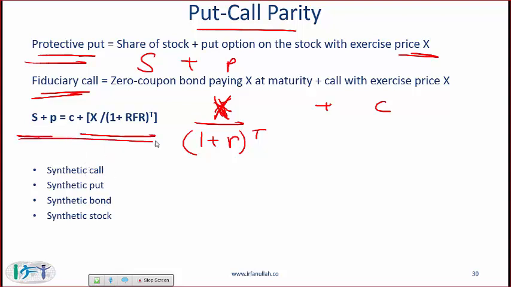If you look at this relationship, you can then create a synthetic call by saying that a synthetic call is equal to S plus P minus X over 1 plus R to the power of T. A positive means that you are taking a long position, a negative means that you are taking a short position. A synthetic put P would be equal to C plus X over 1 plus R to the power of T minus S, and so on. So it is just basic algebra.